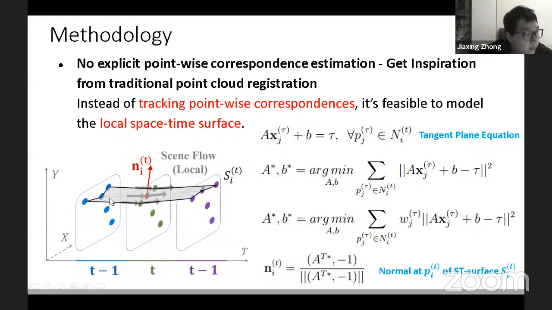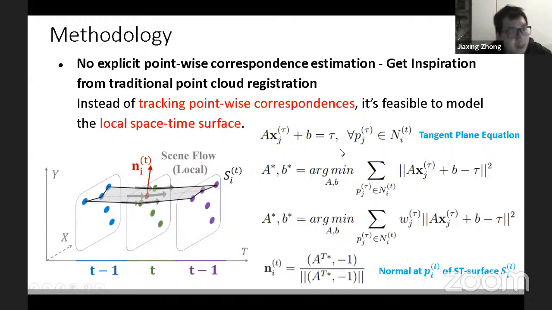So we can use a consistent plane, the so-called space-time surface, to model its dynamic information. That is our key idea.